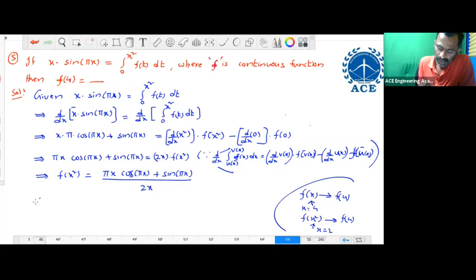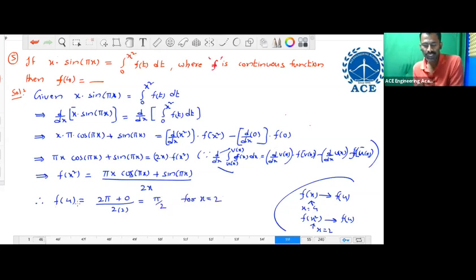Therefore, f of 4 equals, for x equal to 2, pi x becomes 2 pi: 2 pi cos 2 pi plus sine 2 pi, over 2x. Sine of any integer multiple of pi is 0, divided by 2 into 2, because x equals 2. So the 2 gets cancelled. Therefore, this is pi by 2 for x equal to 2. We are getting f of 4.